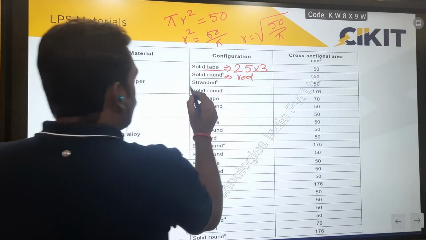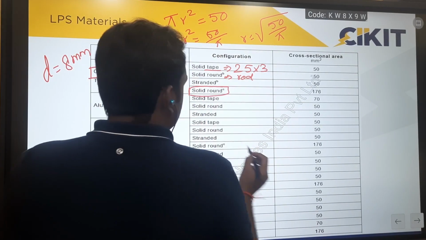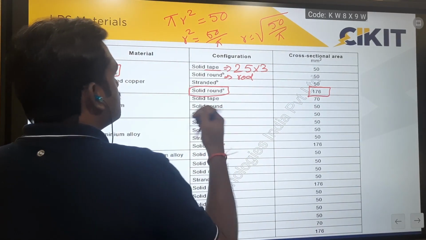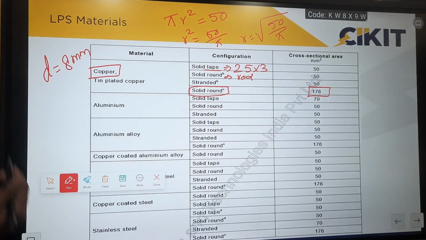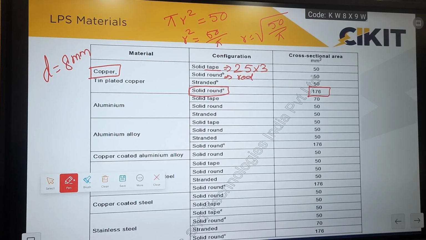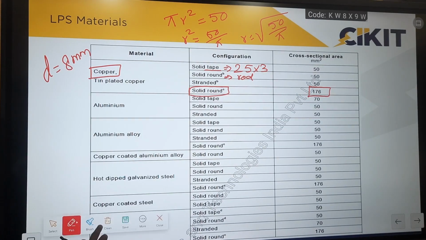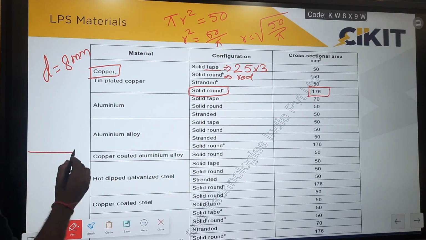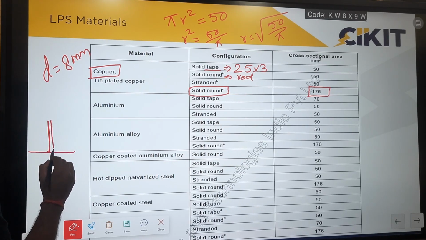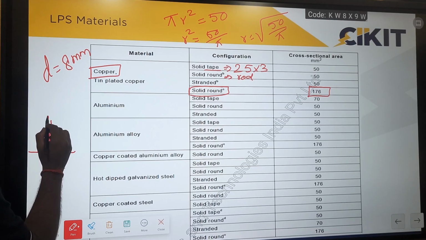And here they have mentioned 176 mm squared, with C as the superscript, which is for the air terminal. So if I am using an air terminal, the cross section area of the air terminal should be 176 square mm. If we are taking down conductors for air terminals, we need to provide a minimum of 2 down conductors even if I am providing only one air terminal.